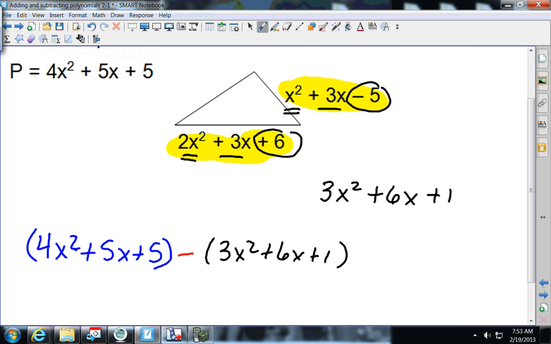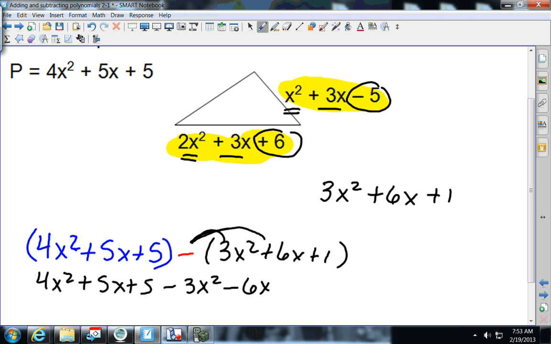So what we're doing here is the first part stays the same. The 4x squared plus 5x plus 5. So I have to subtract off minus 3x squared minus 6x minus 1.